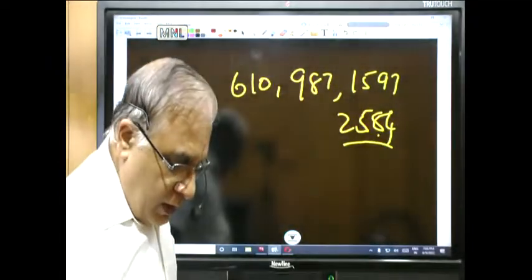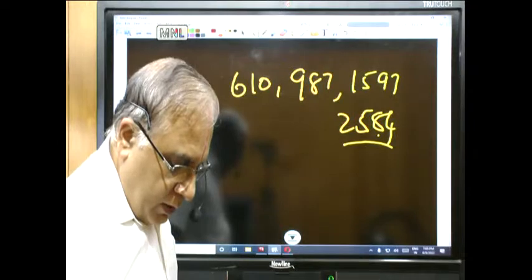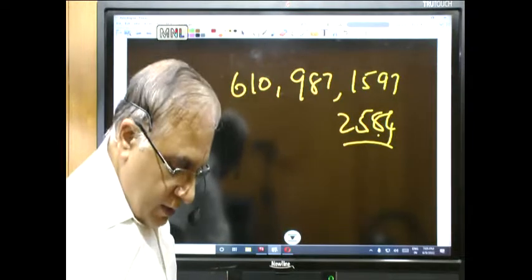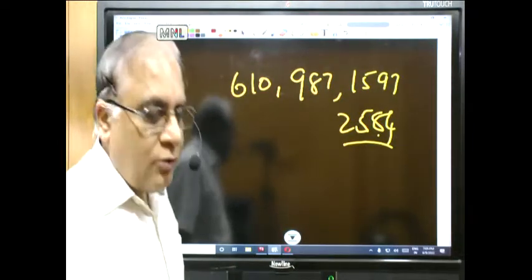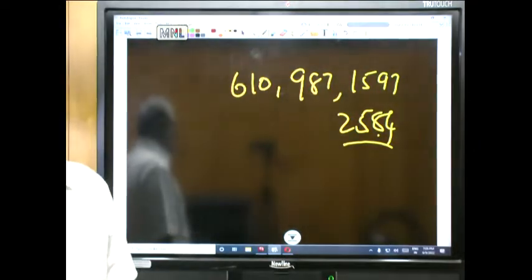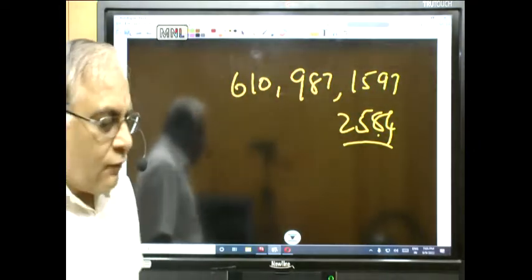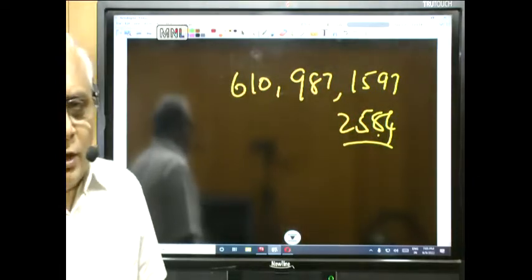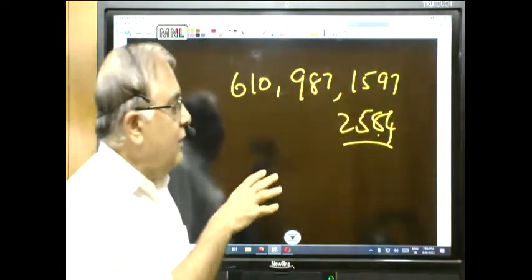So this is 18,115 minus 2,584. If you take that, it should come to 15,531. But Nifty came closer to 15,735. So 15,531 would have been a very good number, but nevertheless, we'll leave it there for the time being.